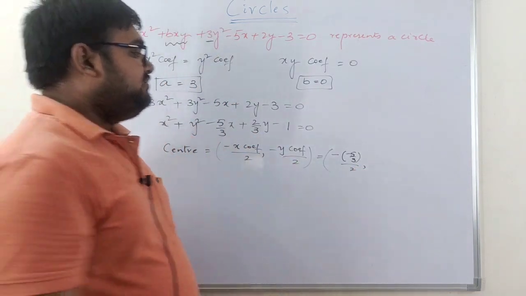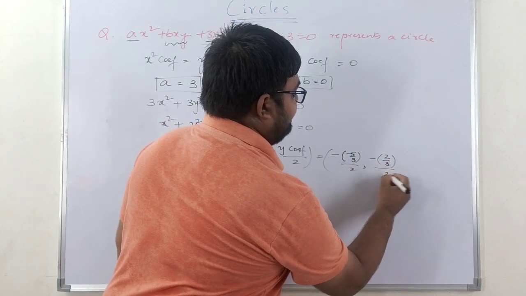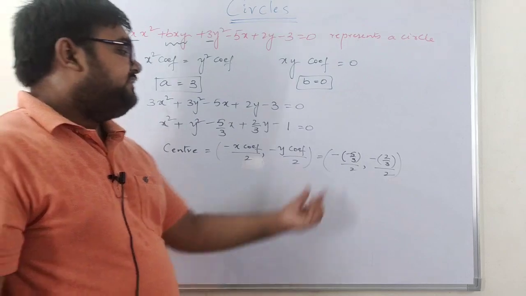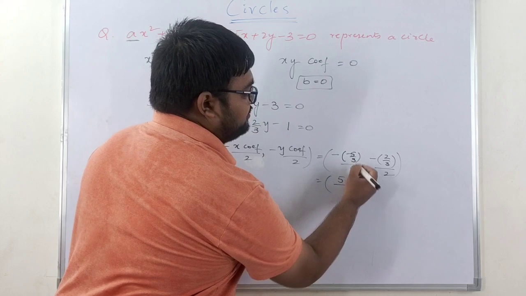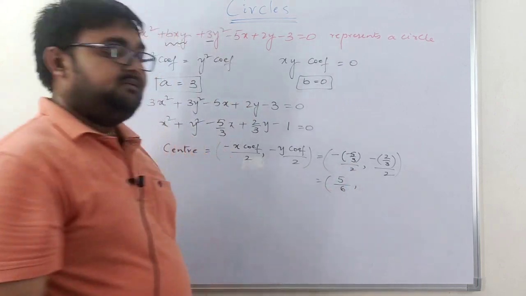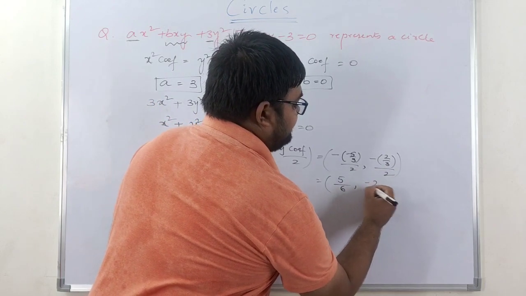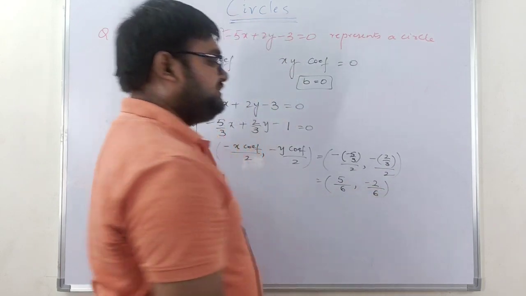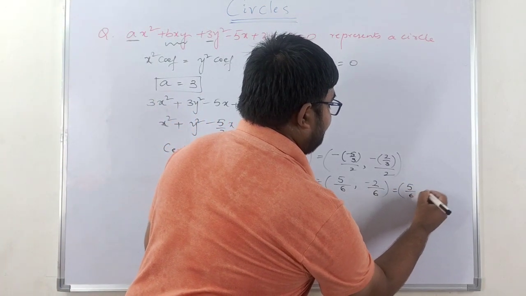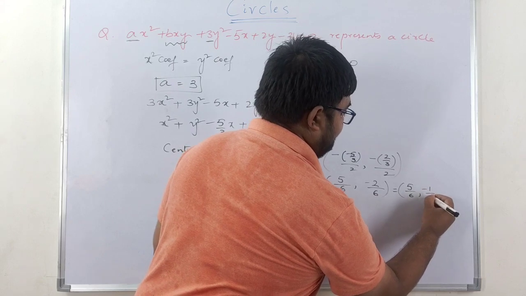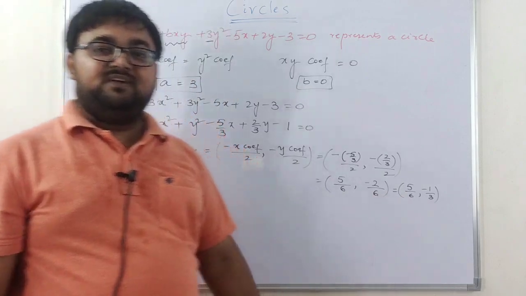In the same way, minus y coefficient is minus of 2 by 3, divided by 2. If I simplify, minus of minus is plus. So 3 will come to the denominator and be multiplied, giving 5 by 6. Next, this 3 will come to the denominator, so this becomes 2 by 6, which on further simplification is minus 1 by 3. So the center is 5 by 6 comma minus 1 by 3. You can keep it as it is or simplify and write.